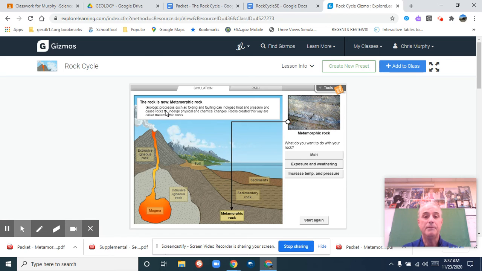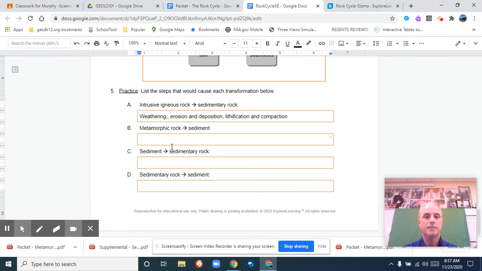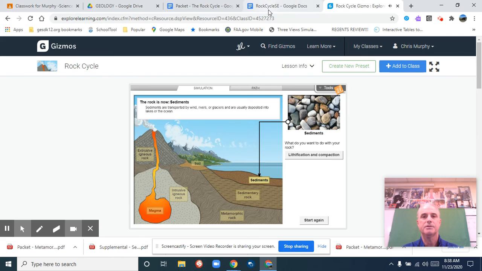If you think about what we did before, we exposed that rock to weathering, so it would be exposure and weathering, and that would bring us soil. I'm going to type that in here, weathering, and that brings us soil. Our next step is erosion and deposition, and that brings us our sediments.